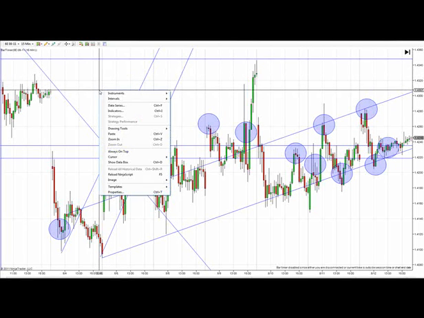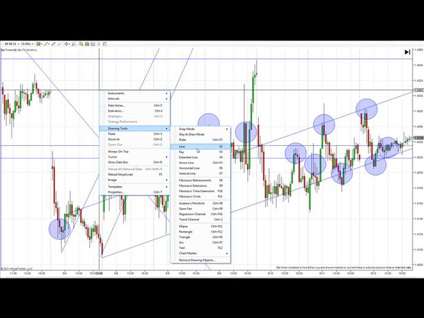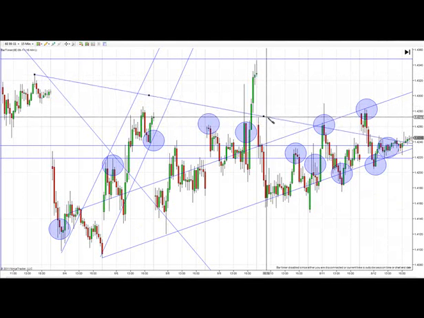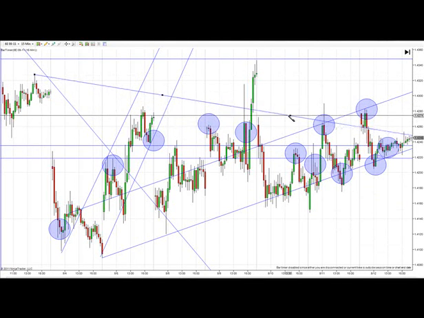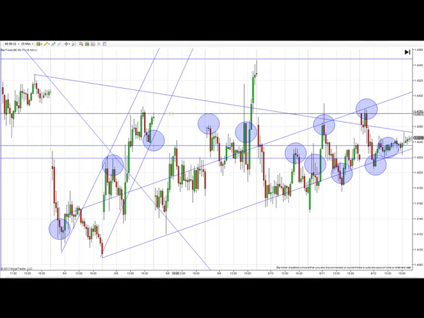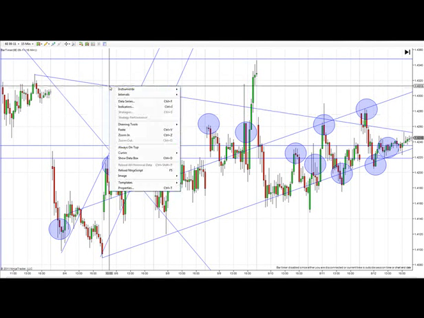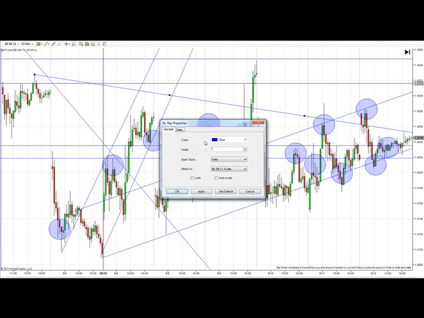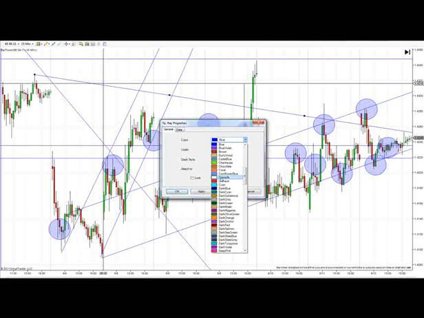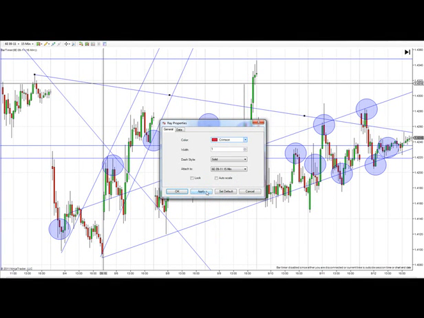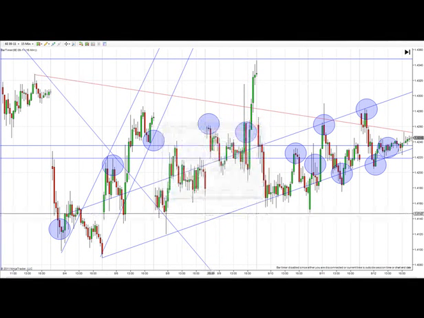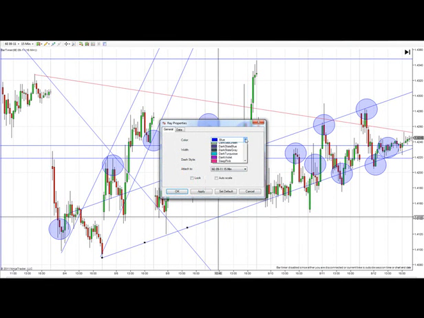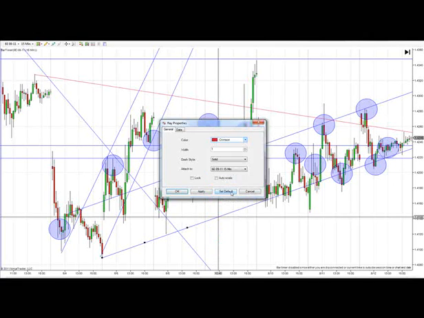You can tell by, for instance, if we take a ray line right here from this point, you can see I'm going through all here. So from here we'll make that a crimson line, apply, okay, and this one right here will make a crimson line too, and you'll see what I'm talking about.